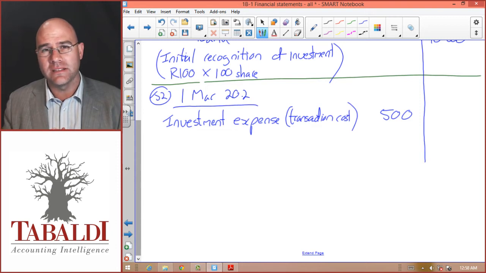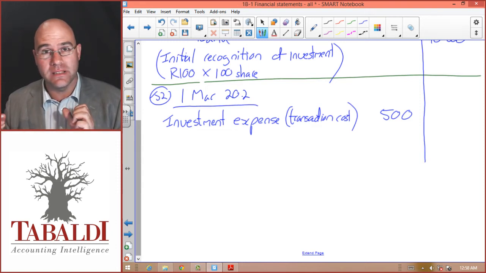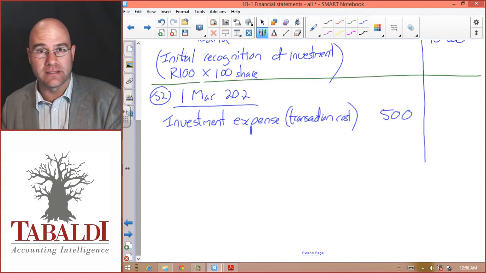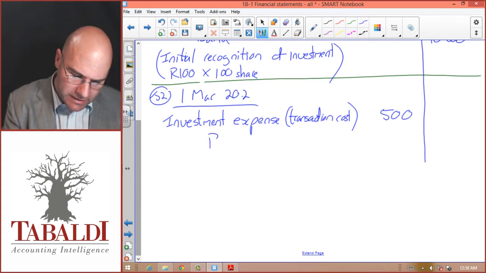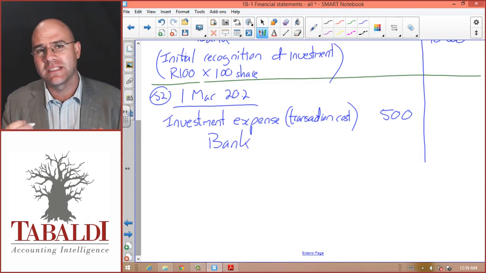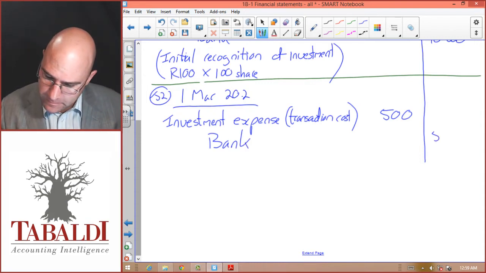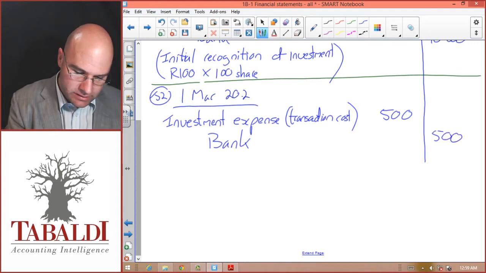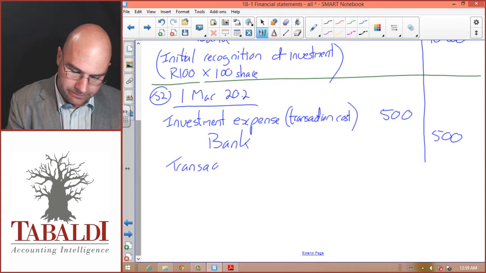And the credit is either going to be an increase in the liability, because we owe someone, or a decrease in an asset. What's happened here? Here we've actually paid this, right? So we will go credit bank because the bank is going to get smaller on the credit side. Okay, my narration here is just transaction costs recognized.